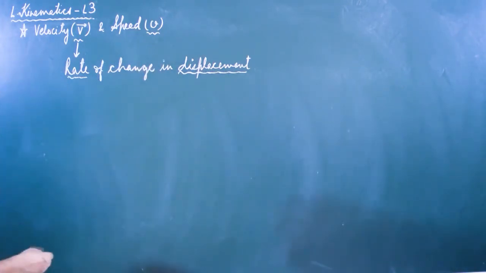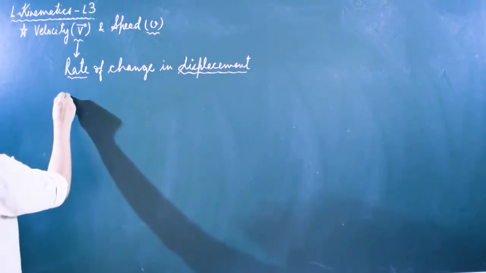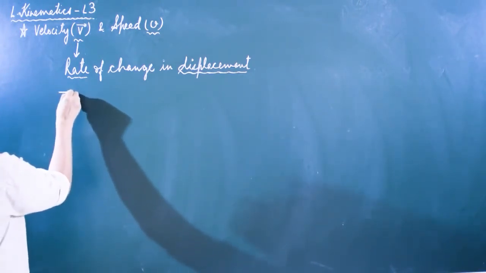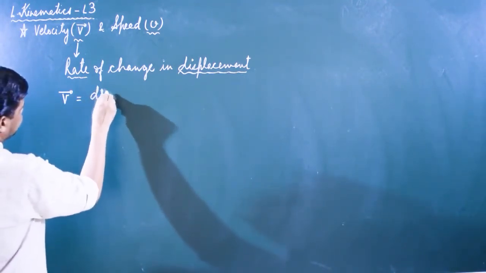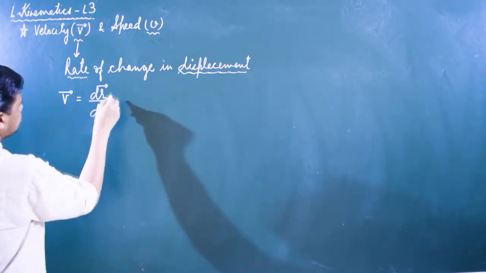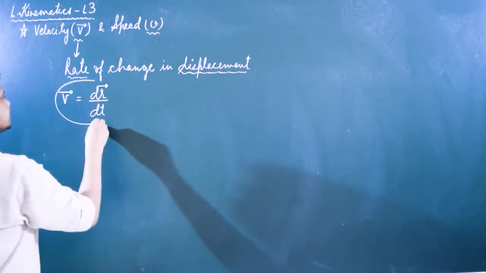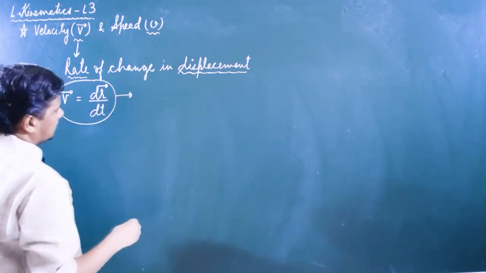Okay, so velocity vector is a rate of change in the displacement. It is dr by dt. Okay, here dr is the small value of r.